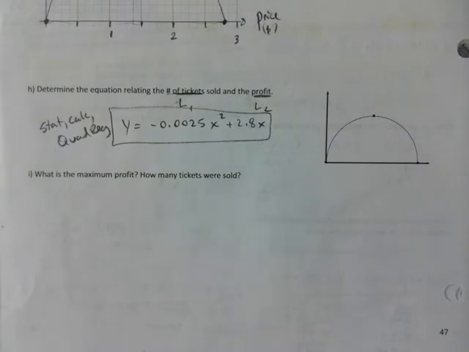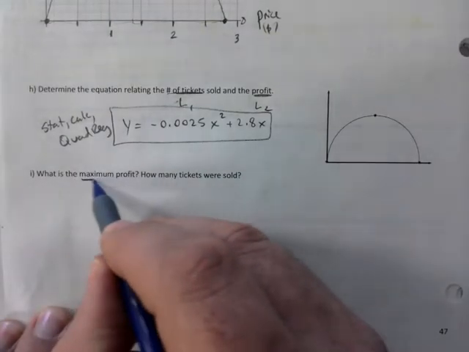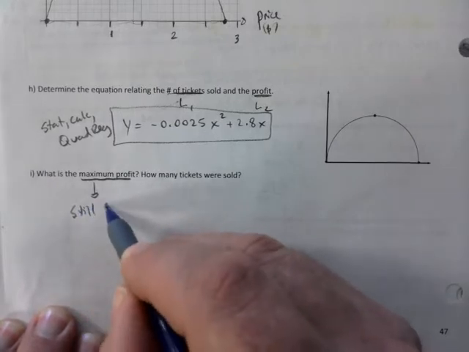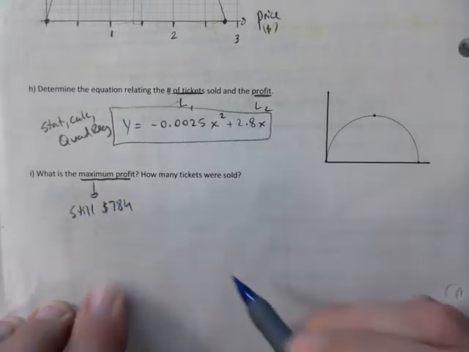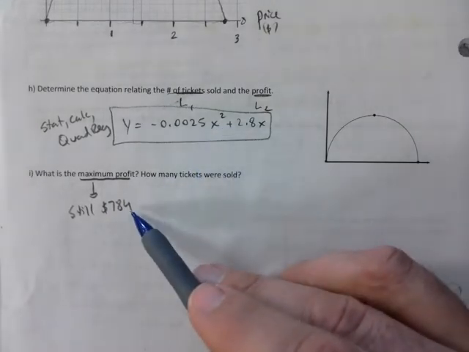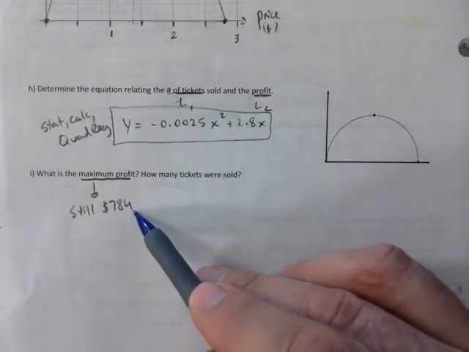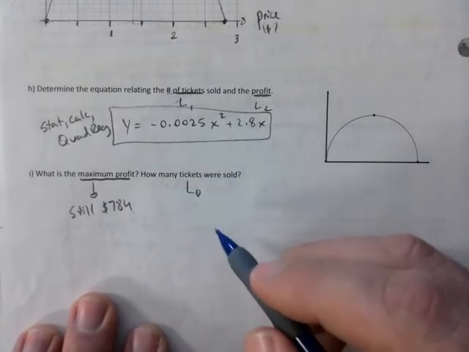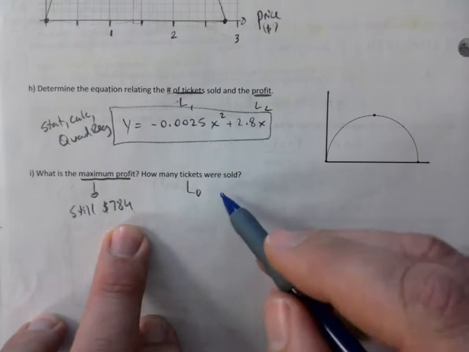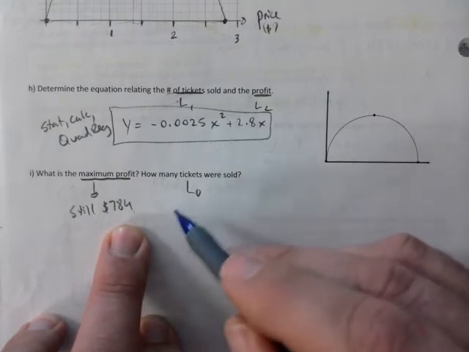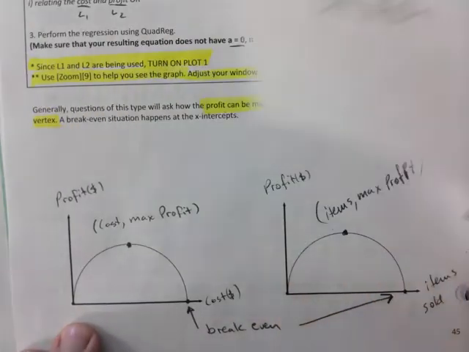And you know what? I think I'm going to skip I. It's the same profit. It's still 784. Even if you found the vertex of this, it's still going to be 784. And tickets sold, where did we already calculate that? We already calculated that earlier, in, what was that question?